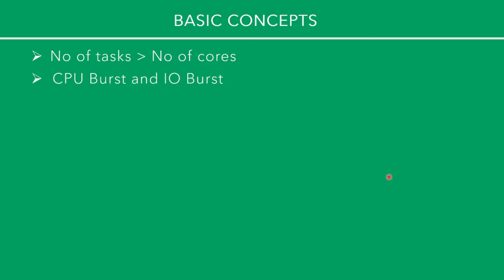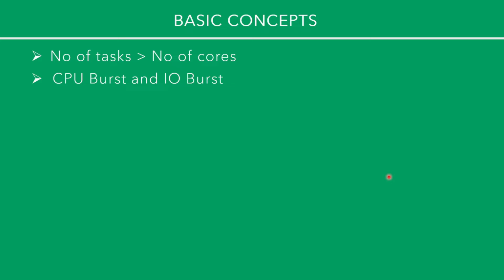Now the next concept that we are going to understand is CPU burst and IO burst time. But before we go into the burst time, we need to understand something about IO. IO doesn't use the CPU. For example, whenever you write to a file, it is the disk controller that is being utilized, not the CPU.